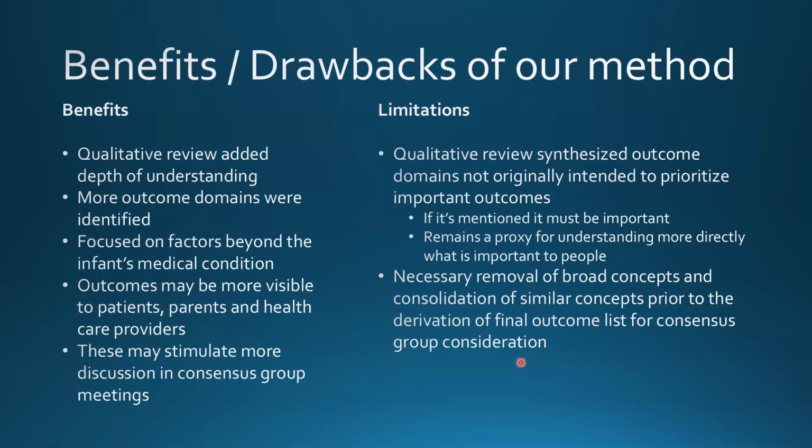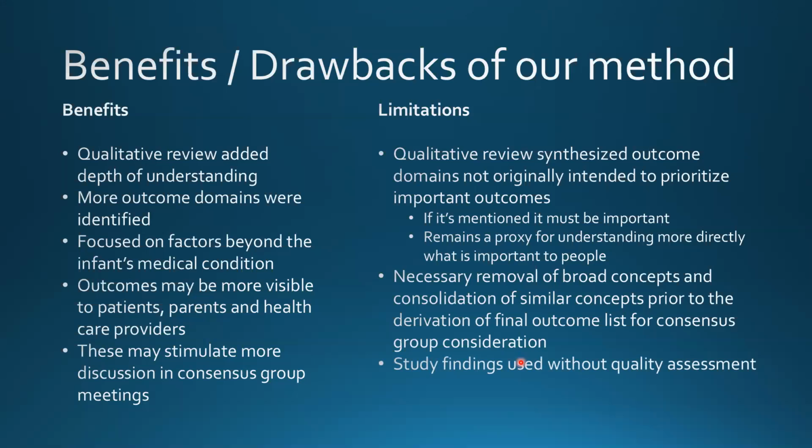And we needed to consolidate the data that arose from those different studies into categories that allowed us to derive a final outcome list. That is why we had 2 reviewers undertake that analysis, to make sure that we were being consistent in our thinking and being critical in our thinking.